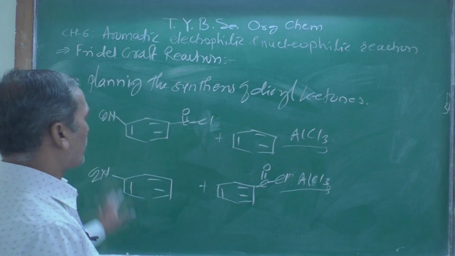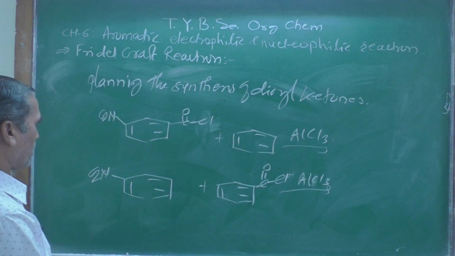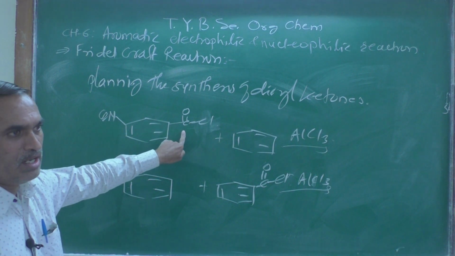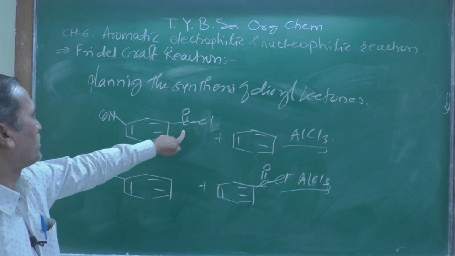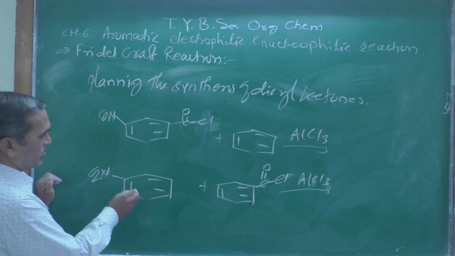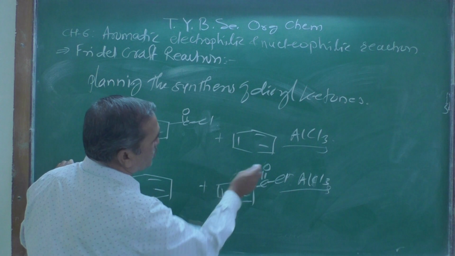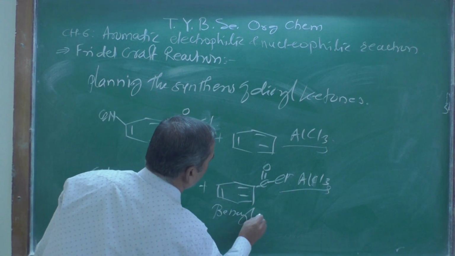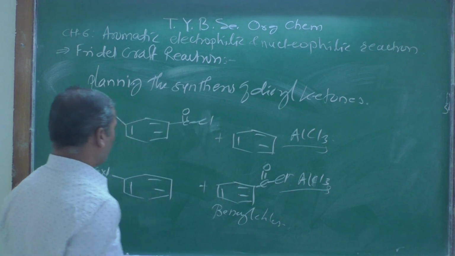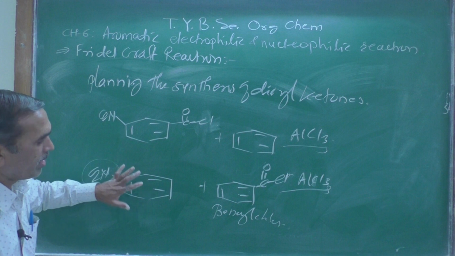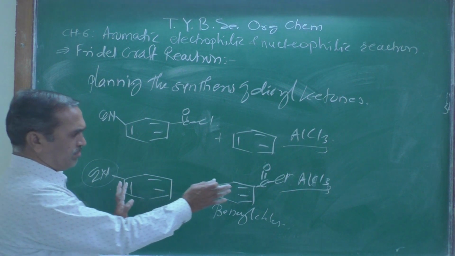Suppose you take this type of combination. Here is a meta-nitro benzoyl compound treated with benzene, and here is nitrobenzene with benzoyl chloride. This is known as benzoyl chloride. Now what is happening? The nitro group present on the benzene ring gets deactivated.